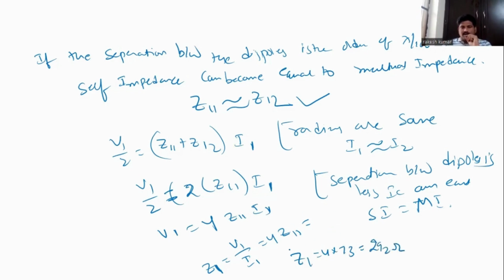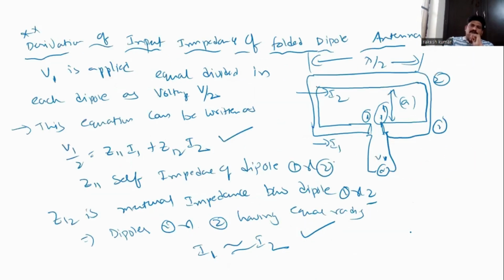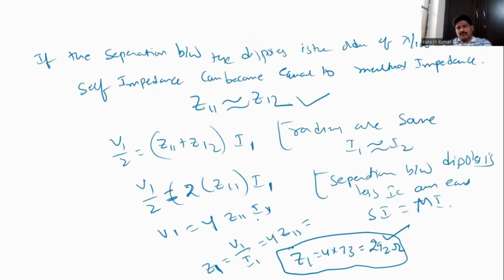So, very, very important derivation: the impedance of a two-wire folded dipole is 292 ohms. This is the derivation of the input impedance of a folded dipole, 292 ohms.